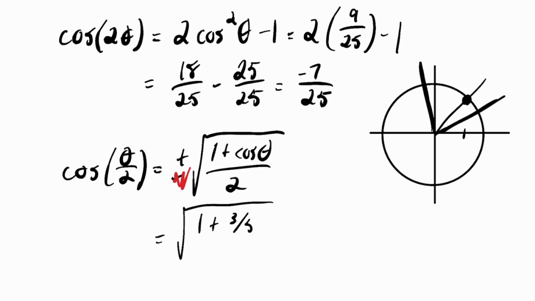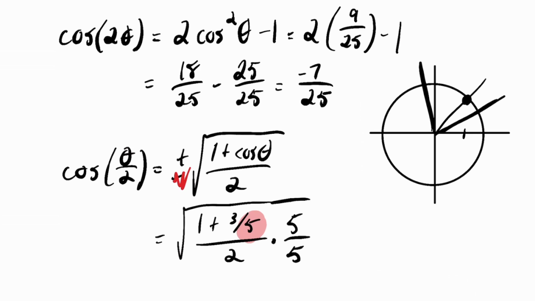Now, this is kind of messy because I have a root with a fraction inside of a fraction. What I'm going to do to clean this up is multiply inside the root, multiplying the big fraction by 5 on top and bottom. The reason for that is I want to cancel this denominator 5 here.